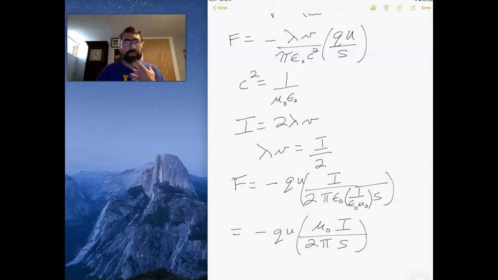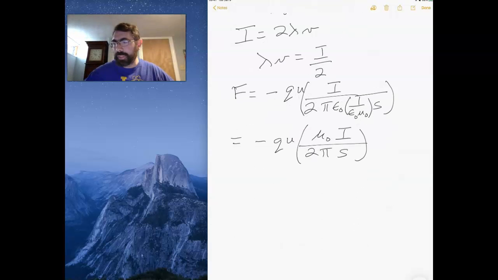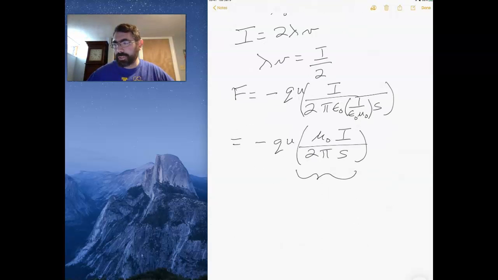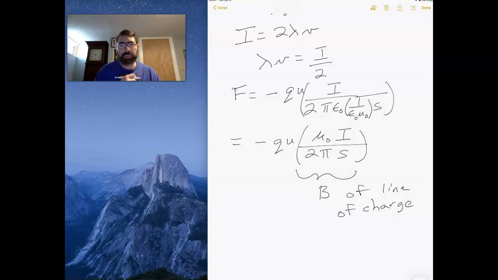And if you remember from earlier chapters, this looks like the magnetic field of a line of charge, or a current. So that's the magnetic field of a current going through a wire.